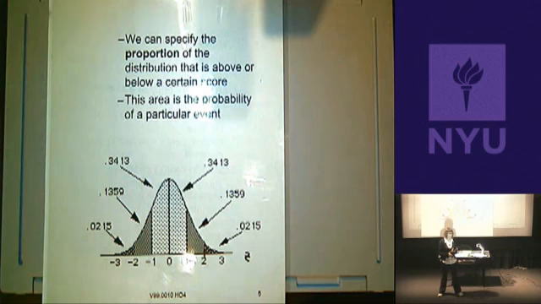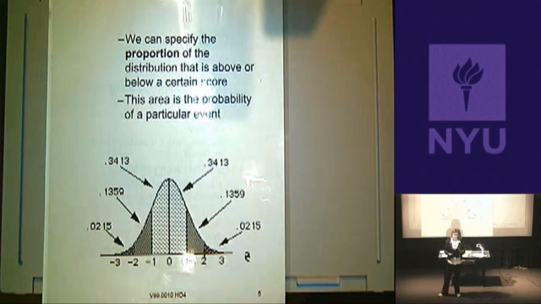If height is normally distributed and weight is normally distributed and, I don't know, a whole host of things, IQ is normally distributed, it doesn't make sense to have IQ tables and weight tables and height tables that have the area under the curve.